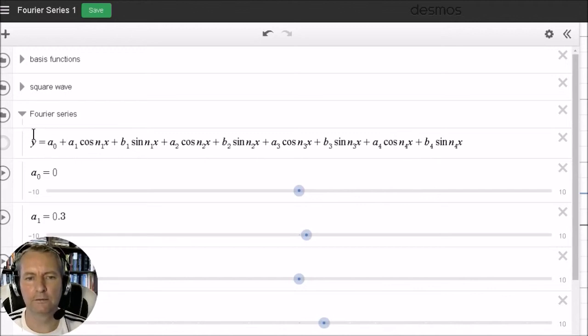If you count A0 as the first term, then the A1 B1 is the next term, and it's A2 B2 up to A4 B4. So if you count all of those up, we've got 4 A's, we've got 4 B's, and we've got 4 values of n, and we've also got our constant term, so that's 13 values that you can change.